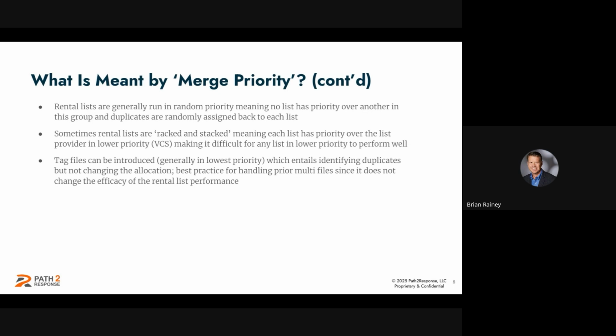This was a thing that happened to Williams-Sonoma many, many moons ago, is their best source of prospect names were their own lists. So Pottery Barn got cross-sold to Williams-Sonoma, that got cross-sold to West Elm. And so they would do what was called a mega merge.